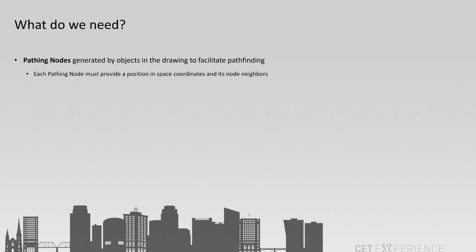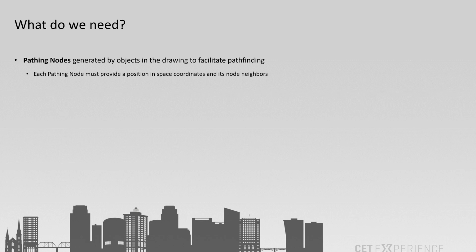And so each pathing node must provide a position in space coordinates, and it has to know about its node neighbors. And so that position in space coordinates is really what we can leverage to figure out how far we are from our neighbors, because they also have space coordinates.